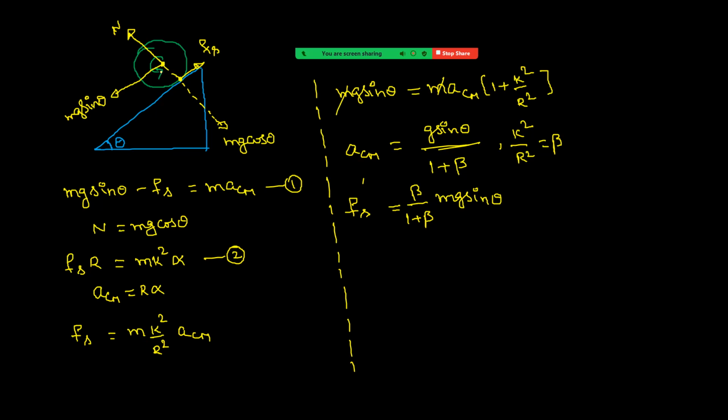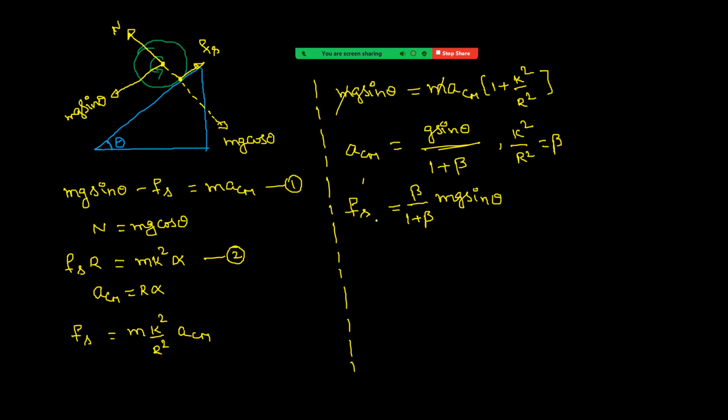So now we want to calculate what should be the minimum coefficient of static friction so that rolling is possible without slipping. Okay. Then see what we can do.